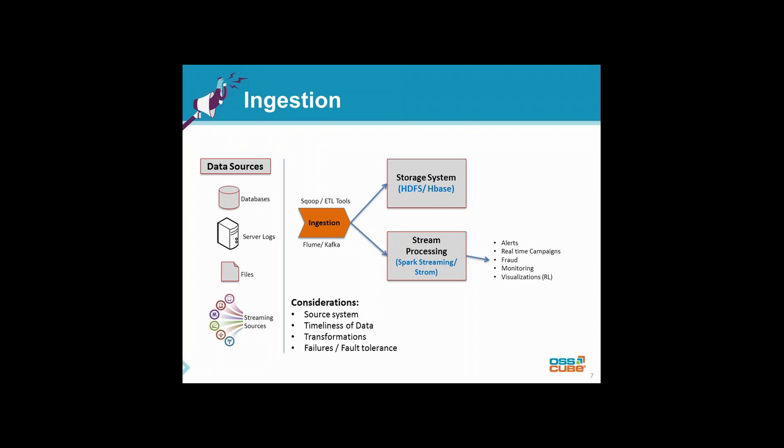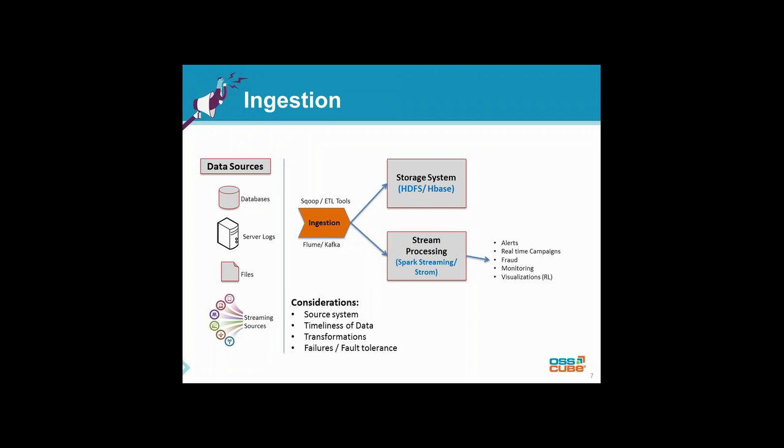Flume is more like a push-based system. It gets the data and then gives the data to the consumers. Whereas Kafka is known as a pub-sub system, publisher subscriber system, where the publishers can put the data into the Kafka queue, and then the consumers can get the data from the same Kafka queue.